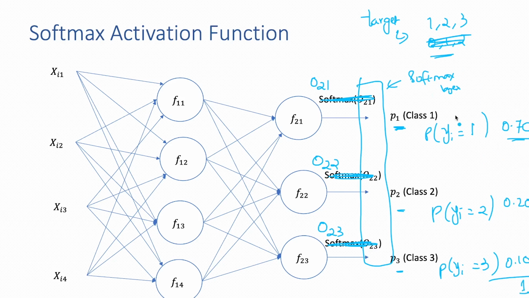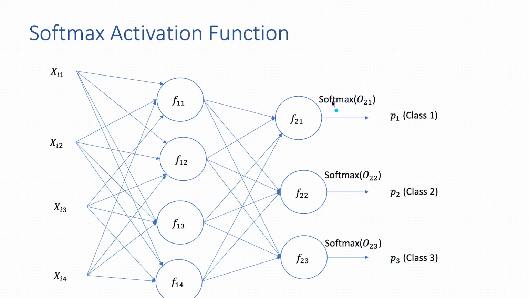Instead of a softmax layer here, if I consider a sigmoid function, whatever logit value O21 I had, if I pass it to a sigmoid function, this is going to generate P1, which is bound between 0 to 1. Let's say the value is 0.68.